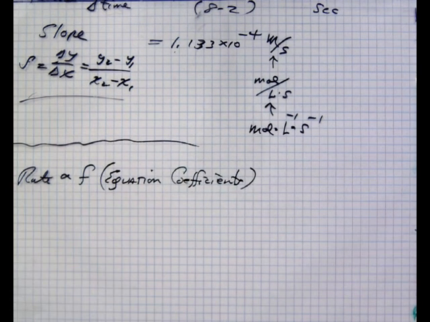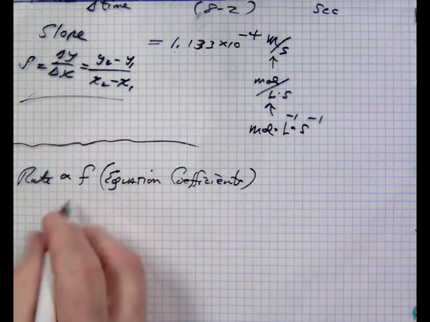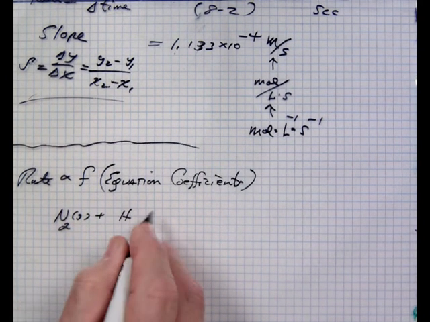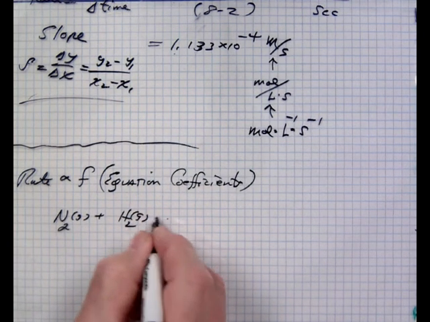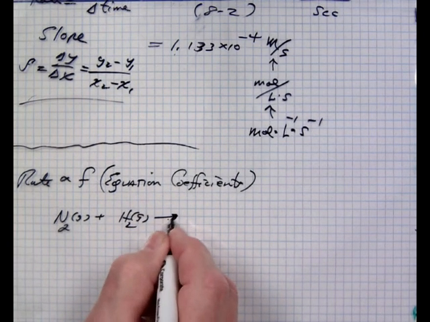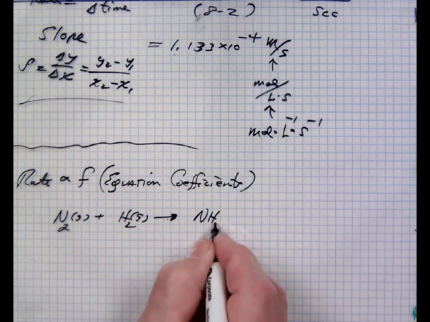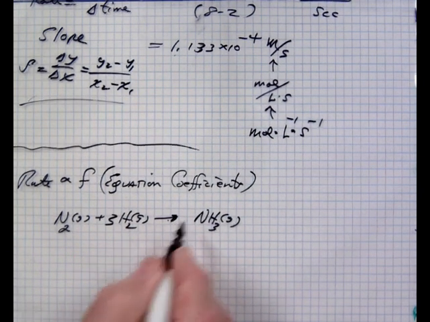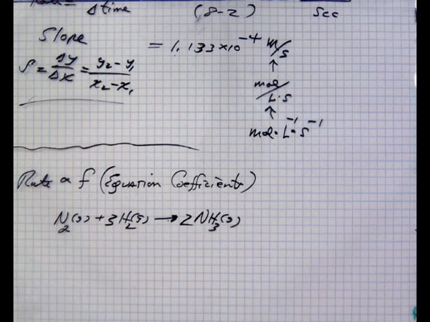One equation I like to use is the synthesis of ammonia because it has three different coefficients. If we took nitrogen gas and hydrogen gas producing ammonia gas, the coefficients would balance the equation in that context very easily.